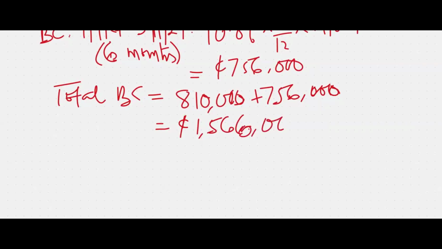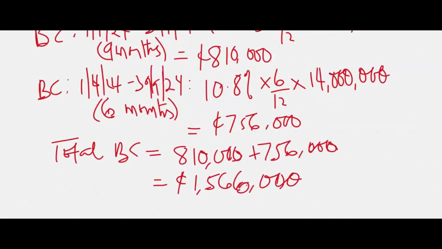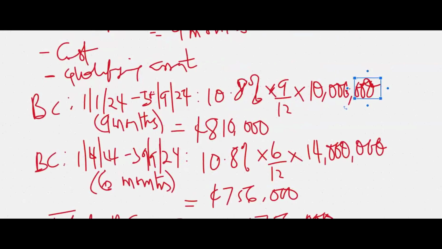Then the question says, upon finishing, we are on part B: calculate the borrowing cost to capitalize and the cost of the bottling plant in 2024. So now we are going to compute the cost.